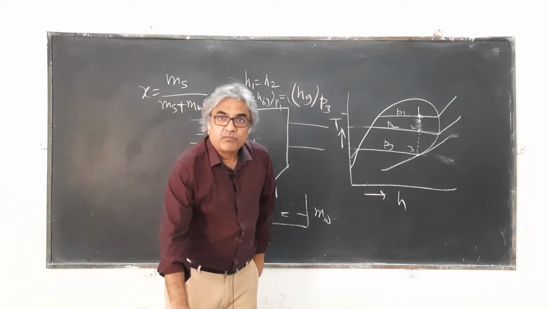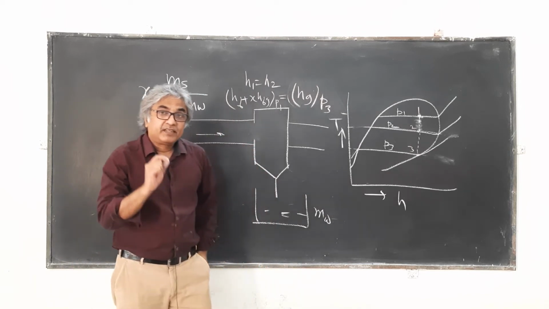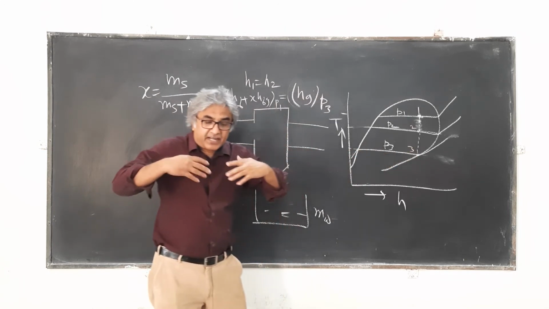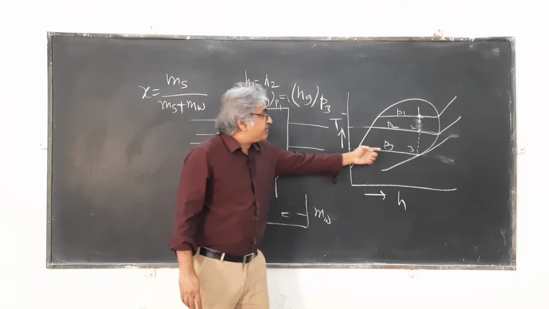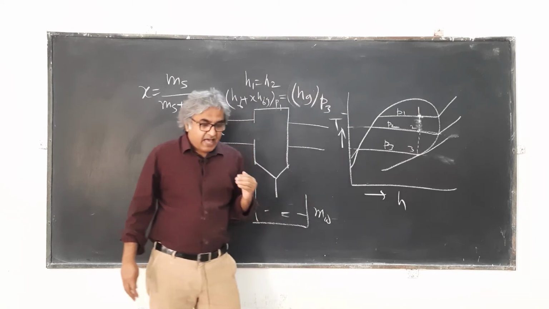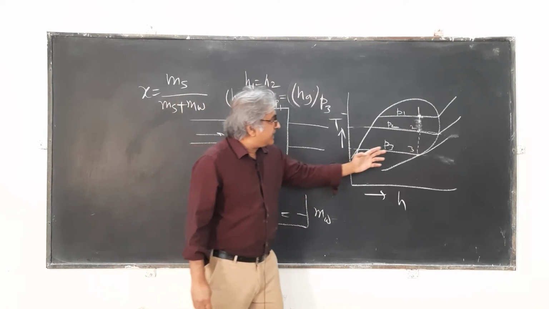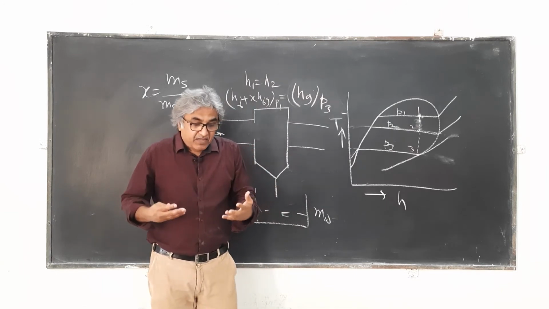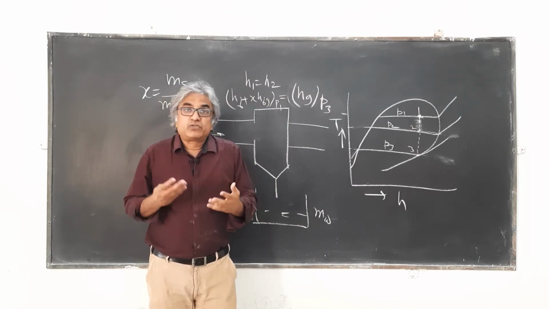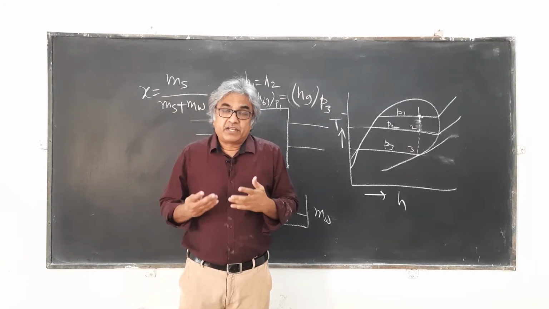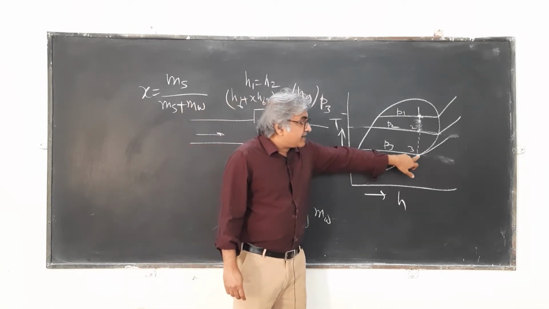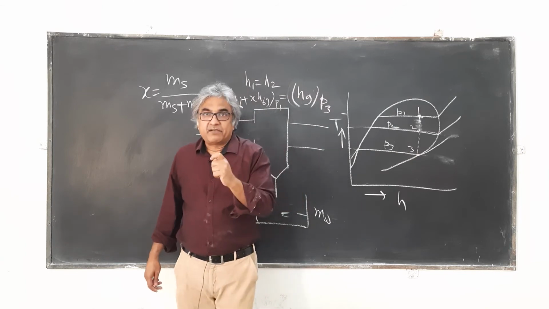However, there is also a problem here. What is the problem? After expansion, what you are going to measure is pressure and temperature. Suppose that at pressure P3, from steam tables you can find the saturation temperature corresponding to that pressure, and this dry saturated steam will be at that temperature.